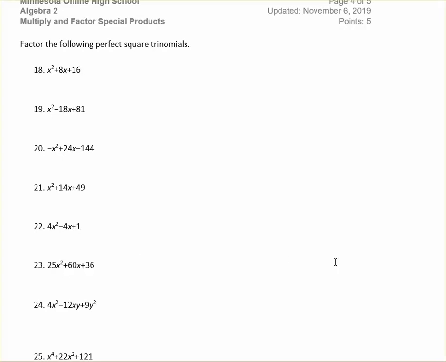But sometimes it helps you factor things that are otherwise kind of a lot of work. For example, number 23 has a number in front of it. Those are more work. But I might say to myself, well, okay, it's 25. That's a perfect square. Hey, 36 is also a perfect square. The square root of 25x squared would be 5x. The square root of 36 is 6.